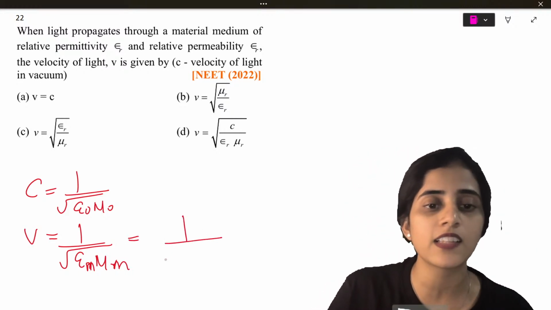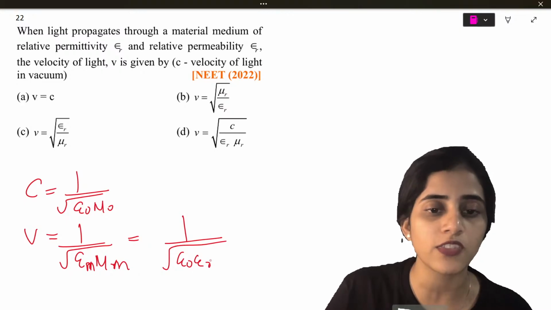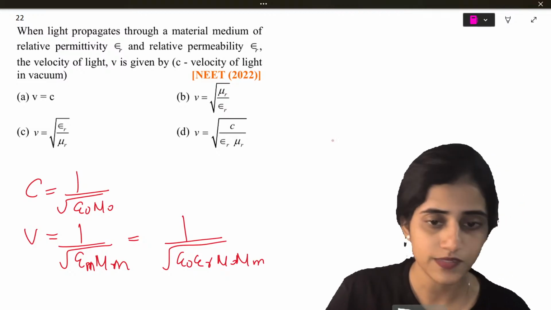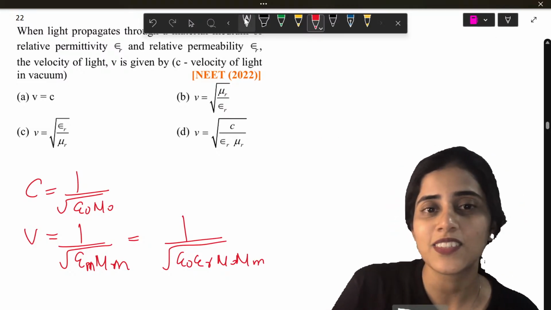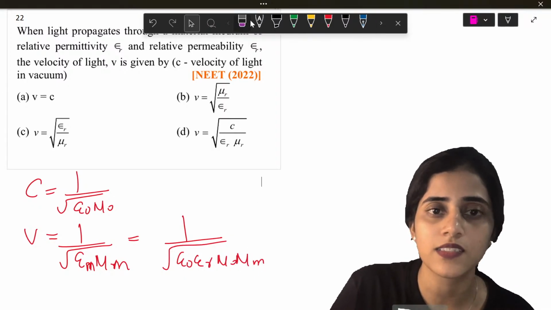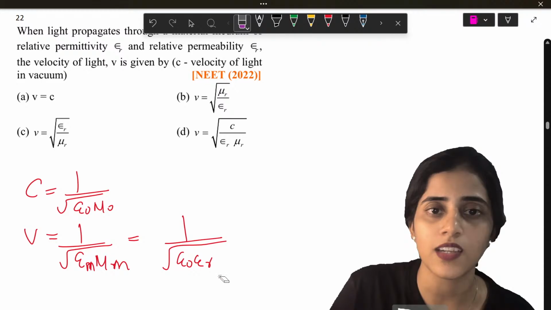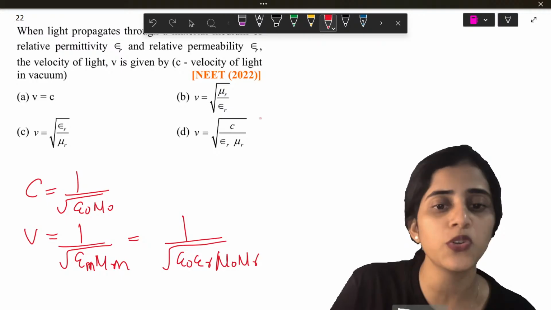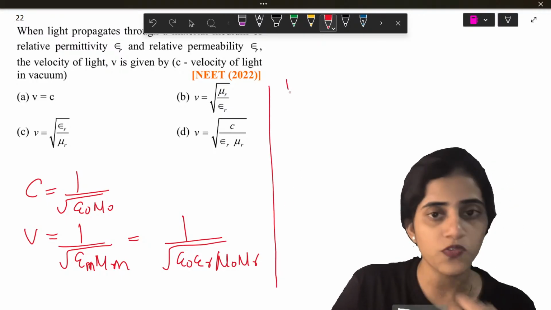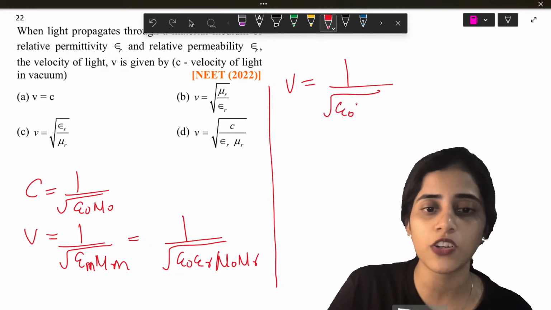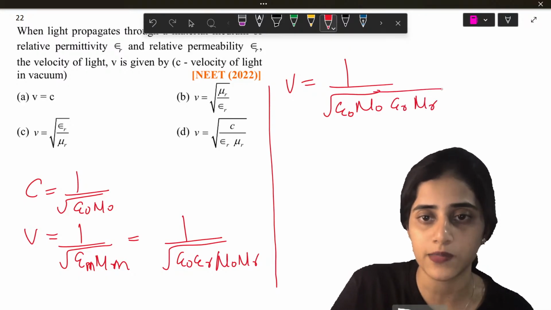This is nothing else but epsilon naught epsilon r mu naught mu r. So V is equal to 1 by square root of epsilon naught mu naught epsilon r mu r.